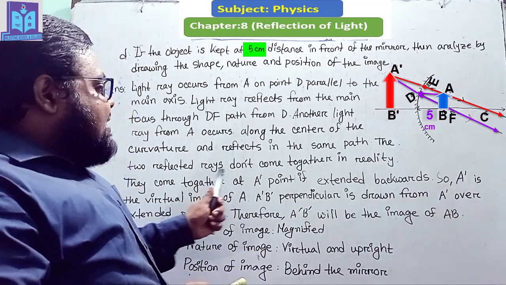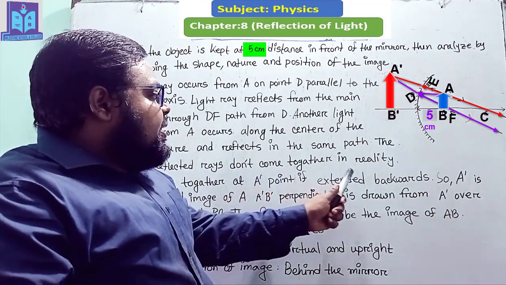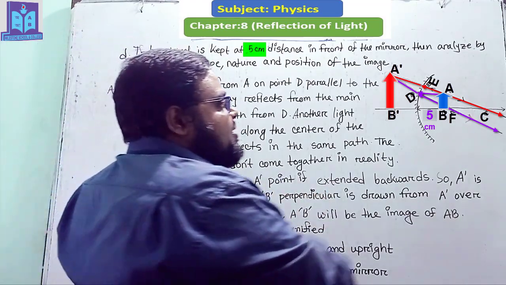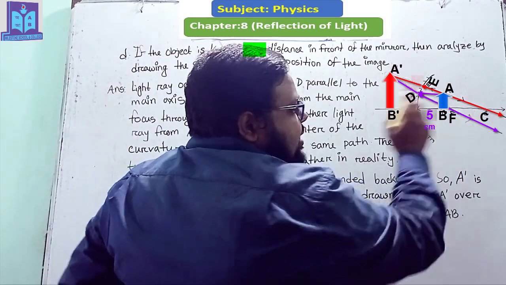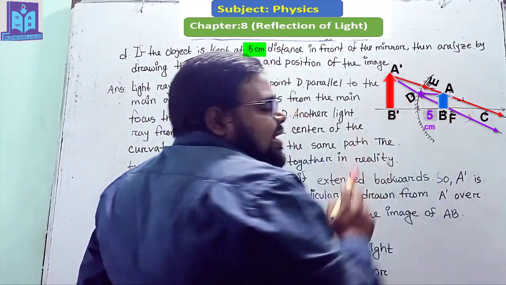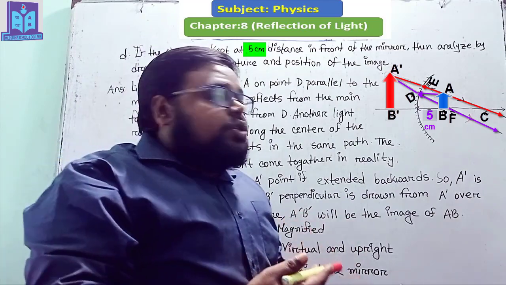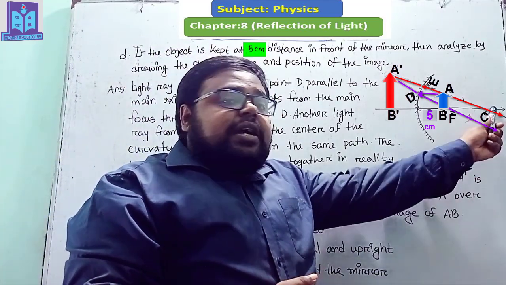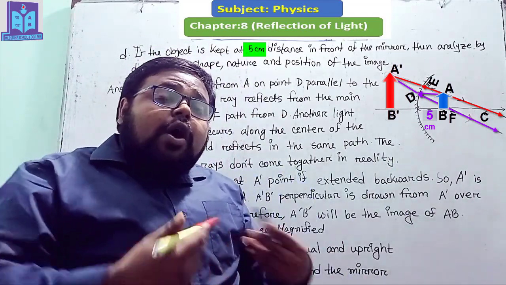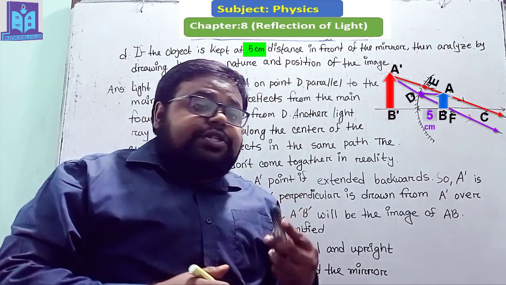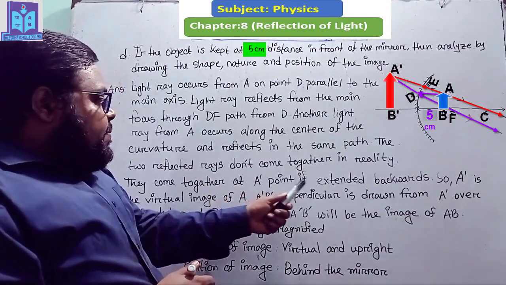The two reflected rays do not come together in reality. Here you can see that the DF reflected ray and the EC reflected ray do not meet each other in reality. Then where will the image form, that is the question.